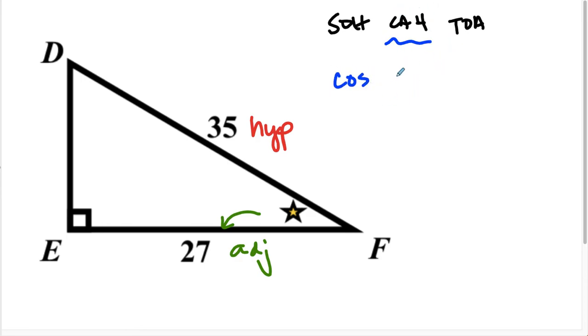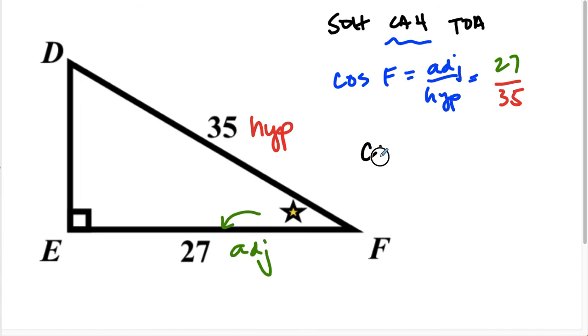So we set up a cosine ratio: cosine F is equal to adjacent over hypotenuse. The adjacent side there is 27, and the hypotenuse there is 35. Now we reverse it by taking the inverse cosine of 27 over 35, and we should get our angle measurement.